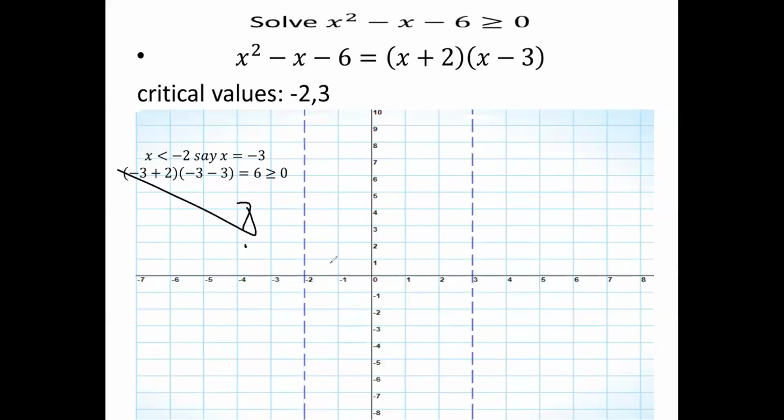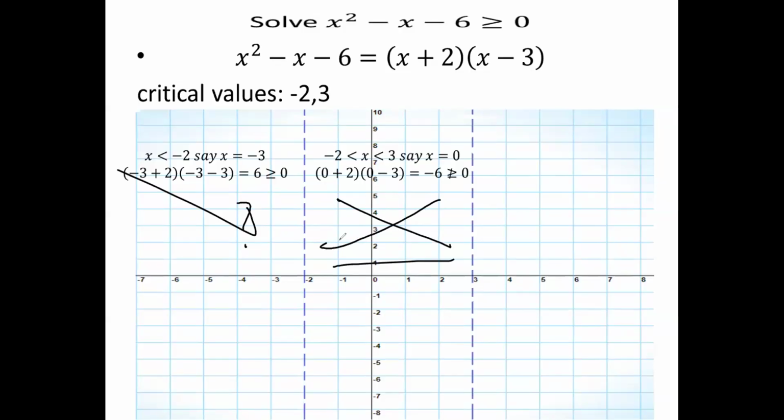Let's take a number between here, right? We take 0 again. When we put it in the inequality, you get minus 6. And minus 6 is not greater than 0. So numbers between here do not satisfy the inequality, right?